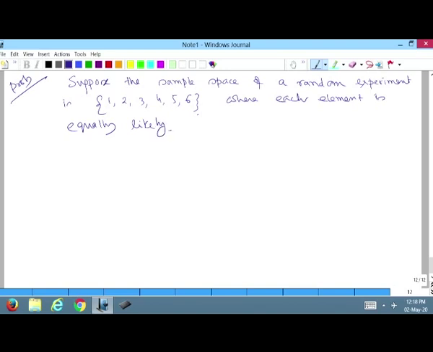As I said earlier in the last class, that means that all these 6 elements have equal probability of occurrence, that is 1 by 6.